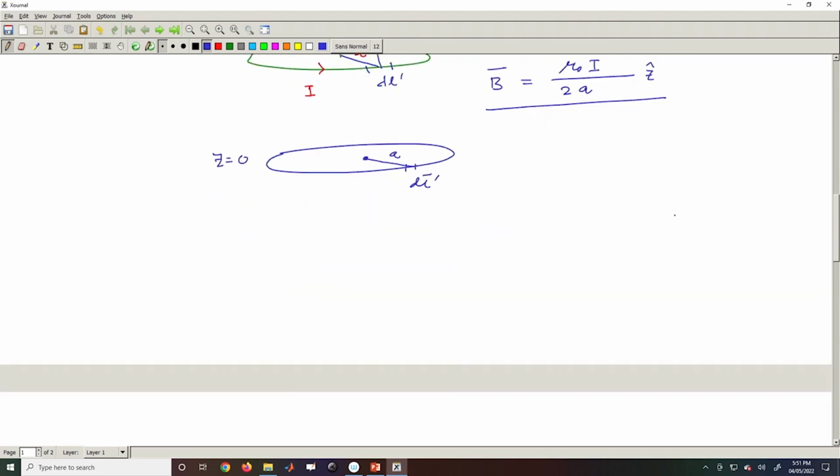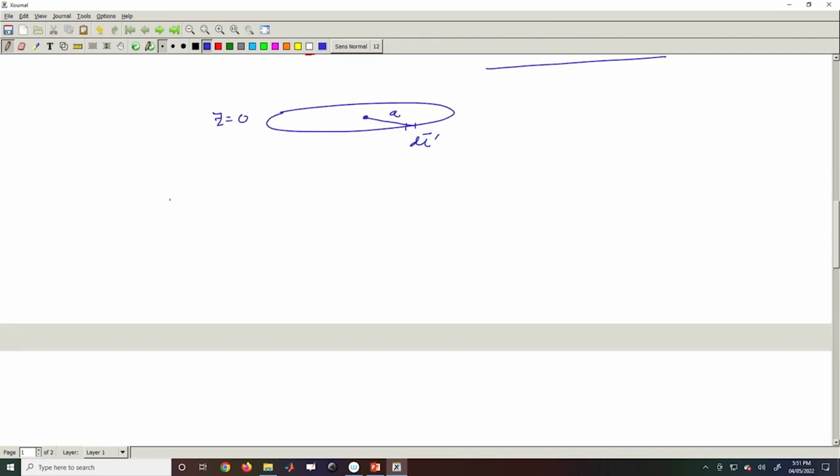And then we calculated the force. That was case 3, and two wires were there like this carrying currents I1 and I2, say wire 1 and wire 2.